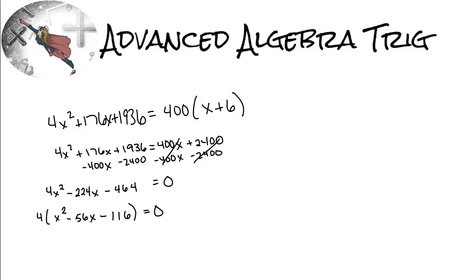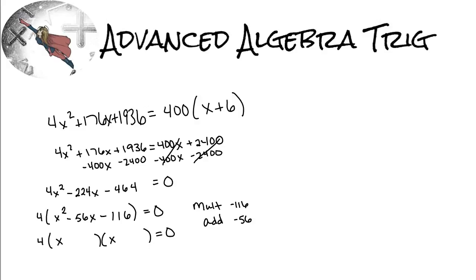All right, now we either have to use the quadratic formula or we have to factor this. It does factor, even though the numbers are kind of large. x and x, we need two numbers that multiply to negative 116 and add up to negative 56 at the same time.